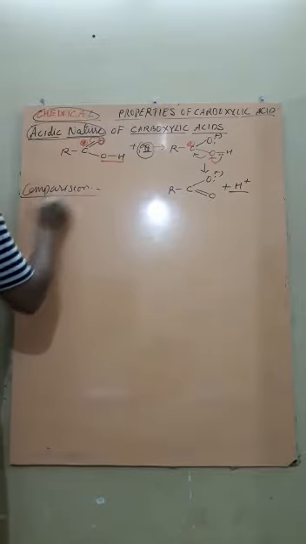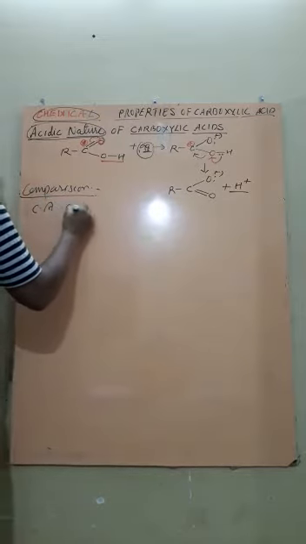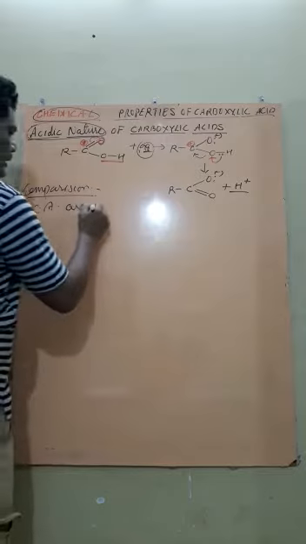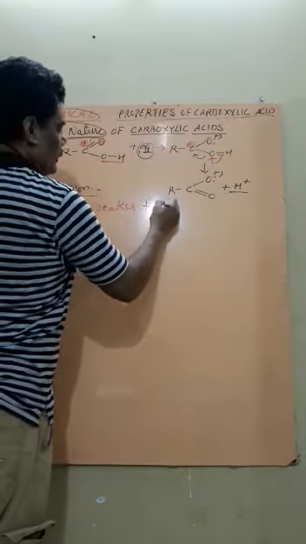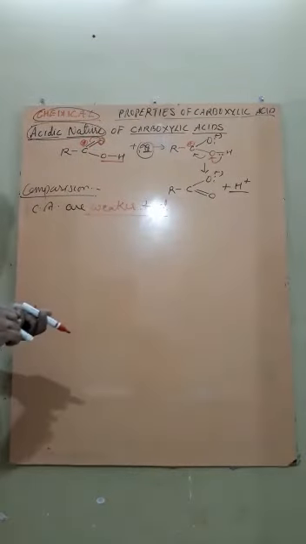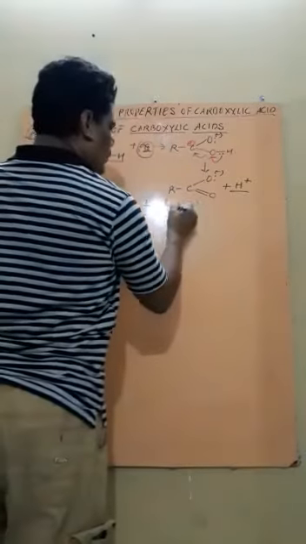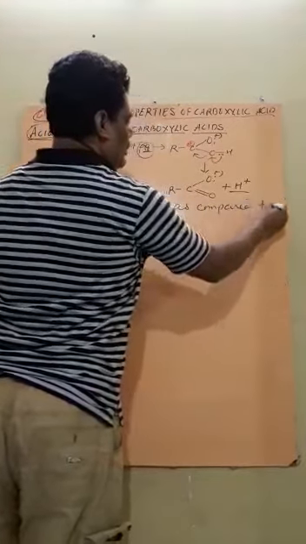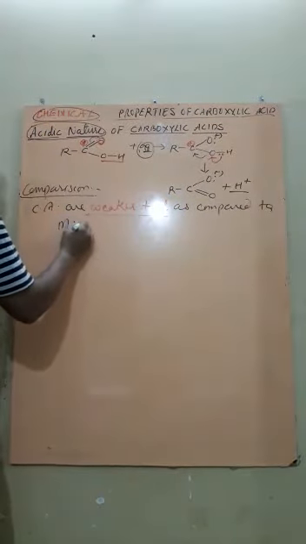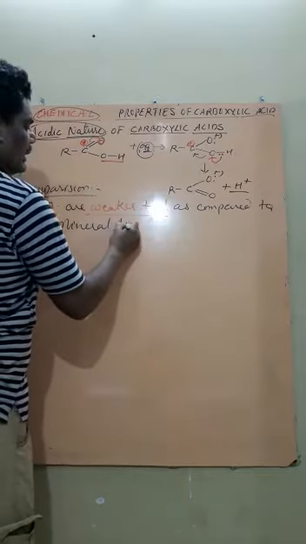Comparison. Carboxylic acids are weaker acids. But weaker acids as compared to what? As compared to mineral acids. Now, what are mineral acids?